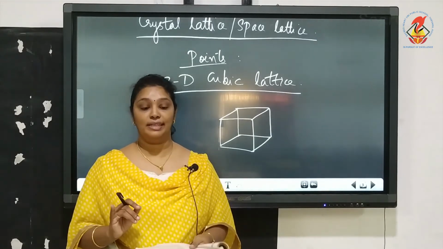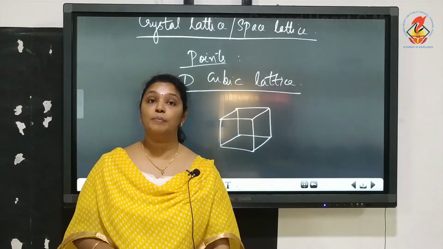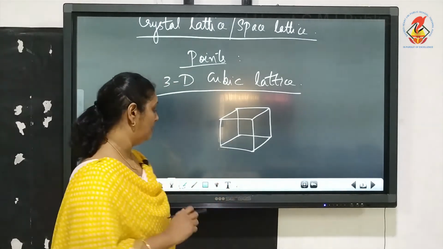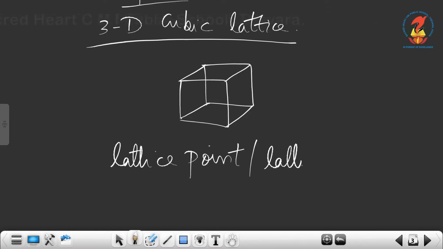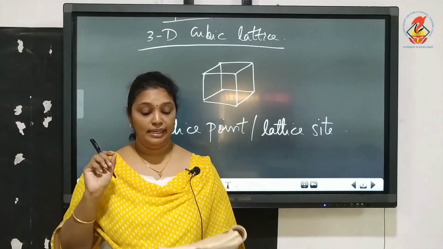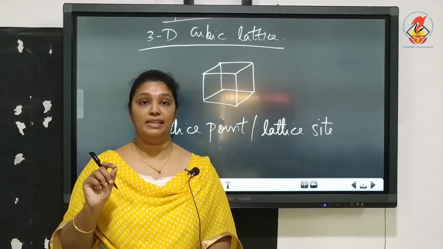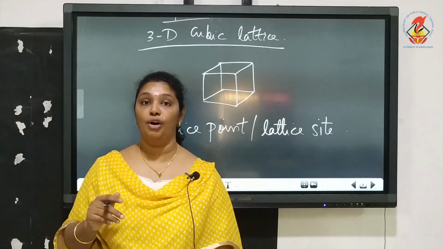The first characteristic is each point in a lattice is called a lattice point or lattice site. So, we have in the crystal lattice something called a lattice point or lattice site. Now, the second characteristic is each point in a crystal lattice represents one constituent particle, which may be an atom, molecule or ion.